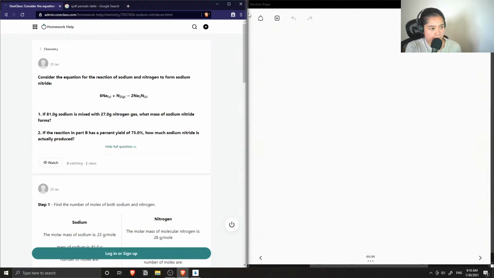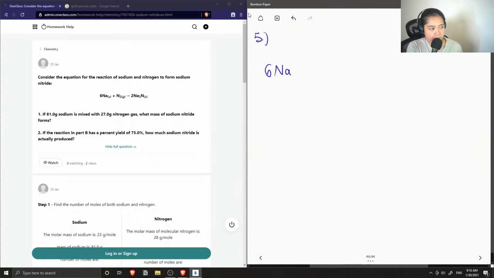Okay, so question number 5 says to consider the equation for the reaction of sodium and nitrogen to form sodium nitride. So we have 6 sodium plus nitrogen gas produces 2 moles of sodium nitride.